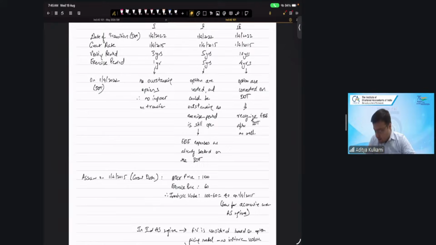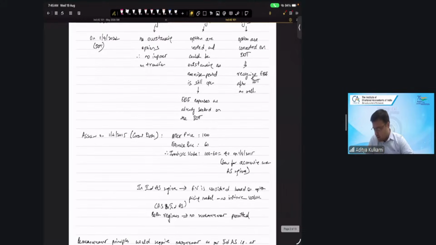But when I talk about fair value, there are a lot of variables which are captured. It peeps into the future. And that is why your fair value becomes a better measure scientifically. And that is why Ind AS says take the fair value. Do not consider the intrinsic value.